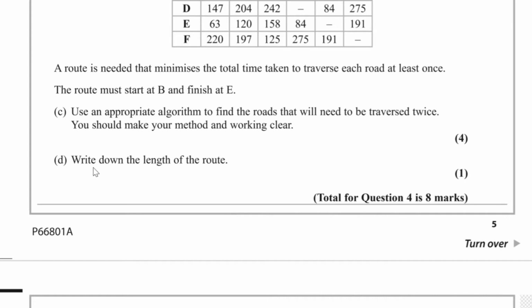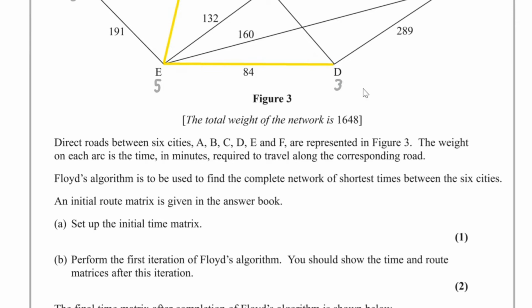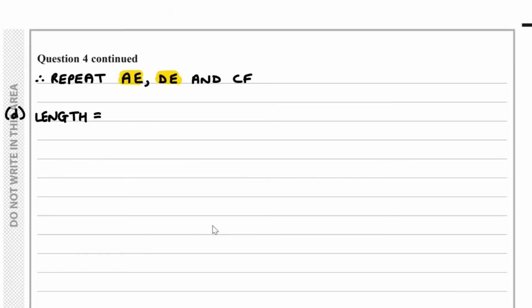Now, for part D, we have to write down the length of this route. Now we know that the total weight of the network is 1648. So when we come to state the length, we've got the 1648.